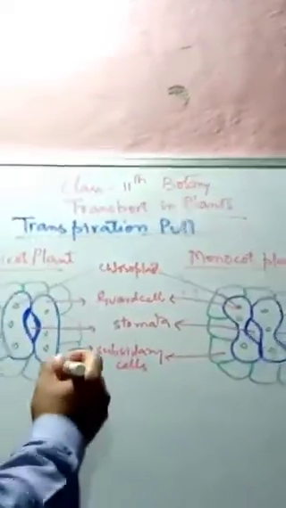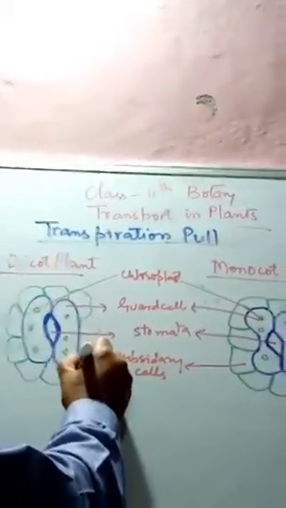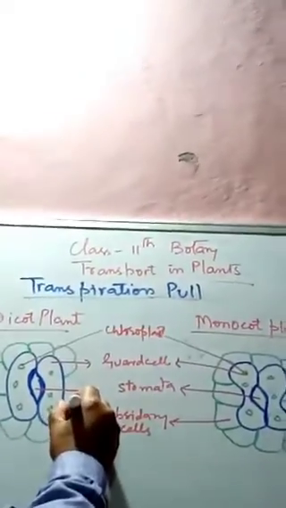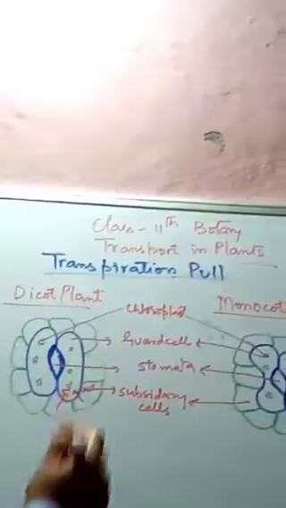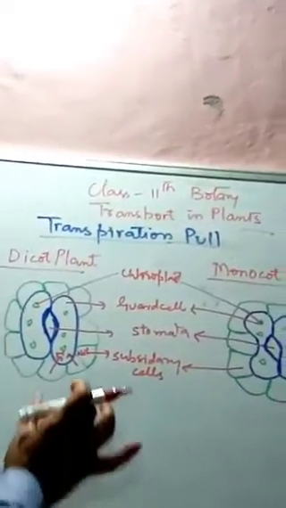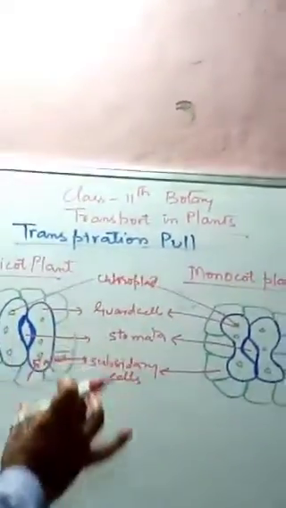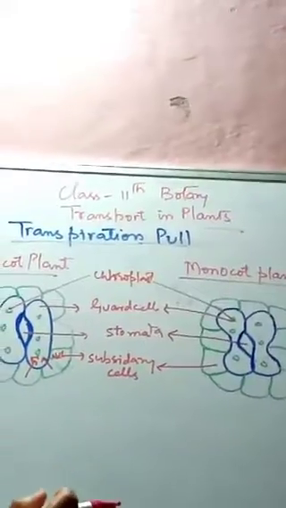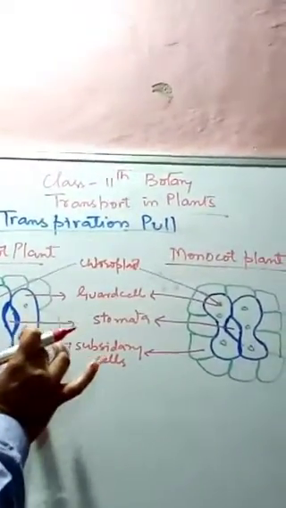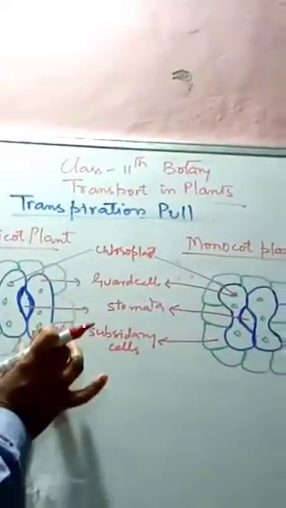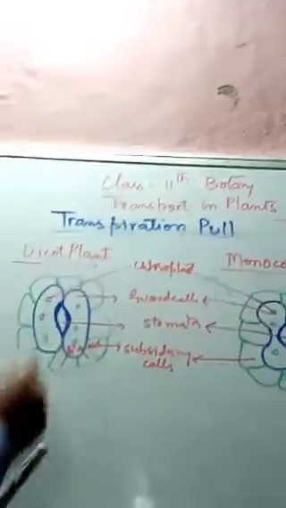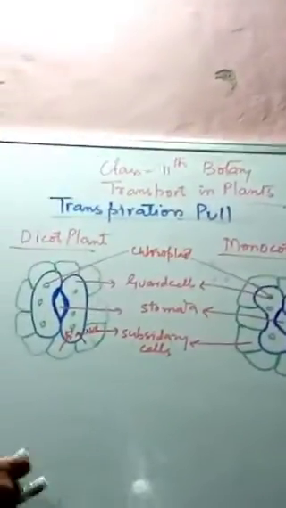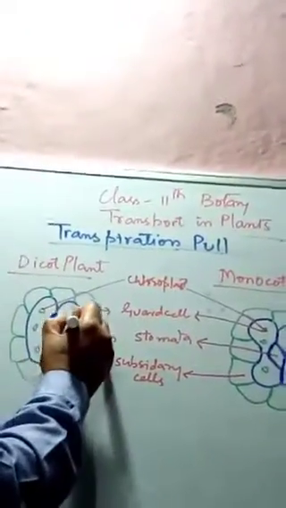These guard cells take in sodium ions and potassium ions from the subsidiary cells, and that is done actively, with the help of energy. They take the potassium ions from these subsidiary cells inside.